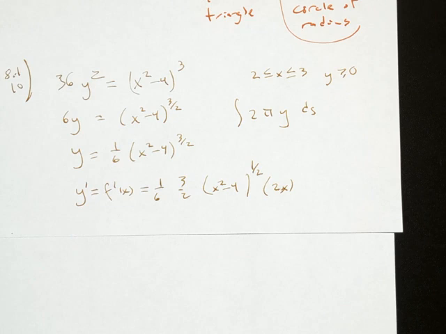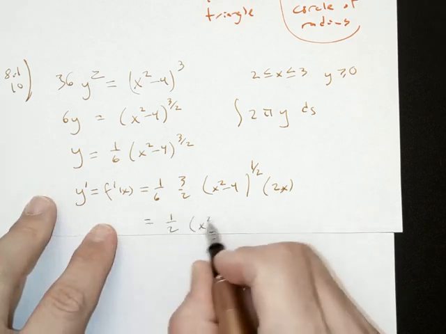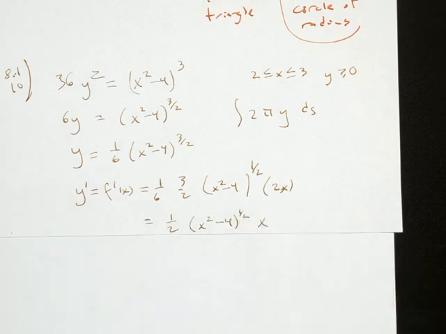So what happens out front is that I get a 4th. But then there's that other 2 on the end, so that's going to turn it into a 1/2 times x squared minus 4 to the 1/2, and then just an x here. So far, so good? That's what's got to get squared.